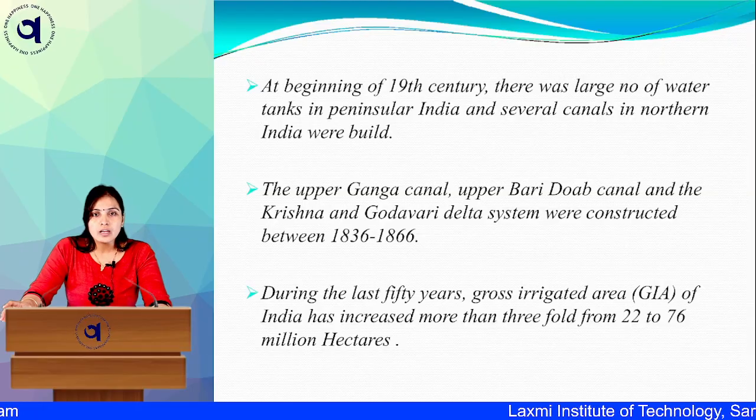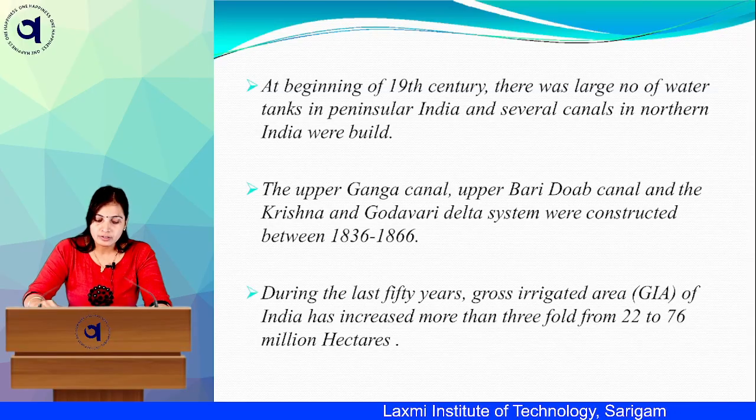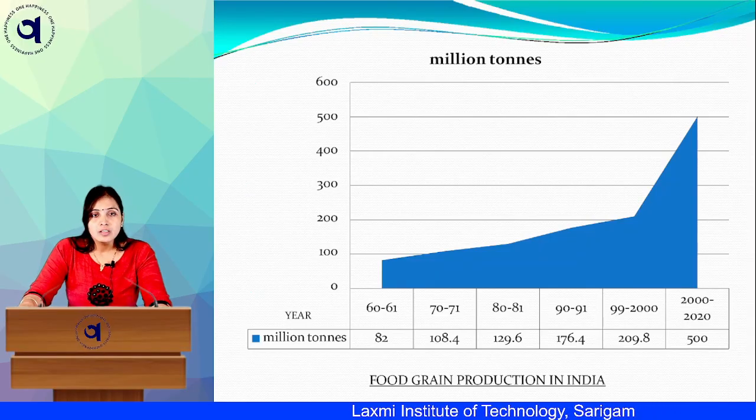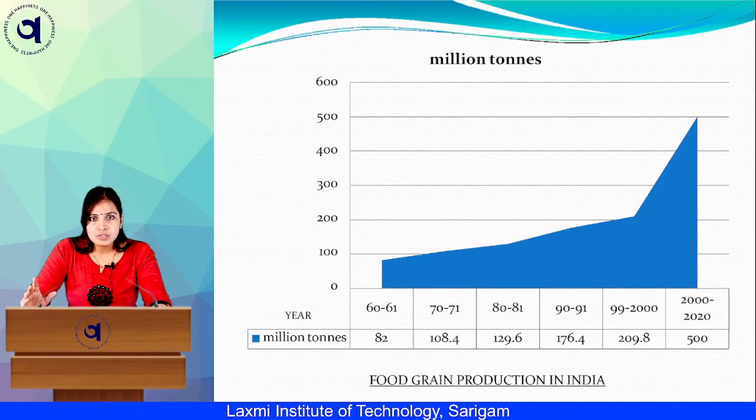During the last 50 years, the gross irrigated area of India has increased more than 3-fold, from 20 to 76 million hectares. You can see the development because of the irrigation system in the graph. In 1960, we had just below 100 million tons of production.